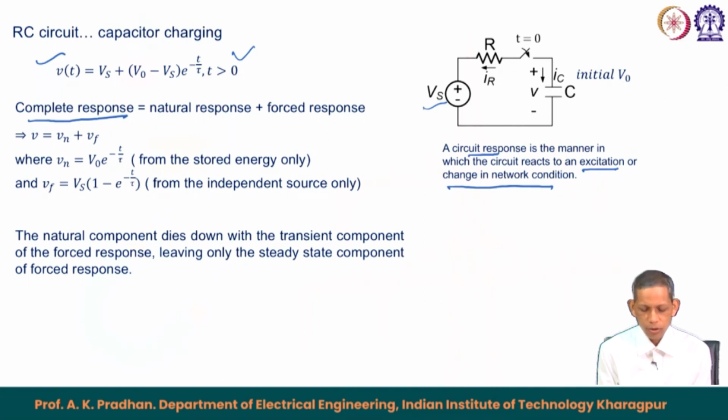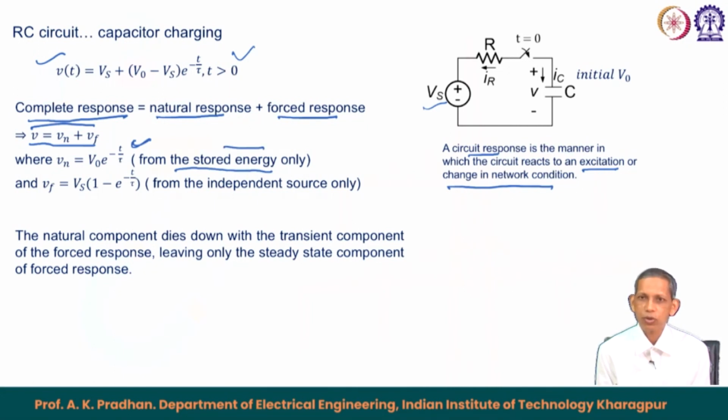Then we can divide this into a natural response plus a forced response, so that V equals V n plus V f, n for natural, f for forced. The V n part, V naught e to the power minus t by tau, is called the natural response, and that is from the stored energy of the capacitor only.